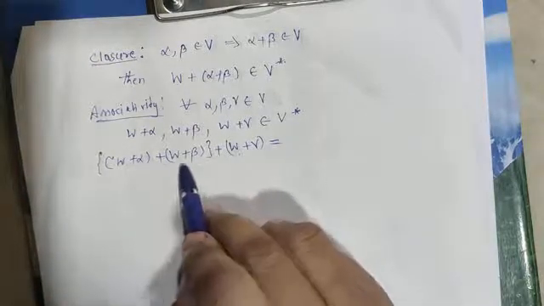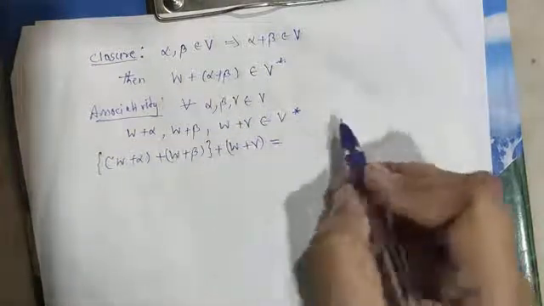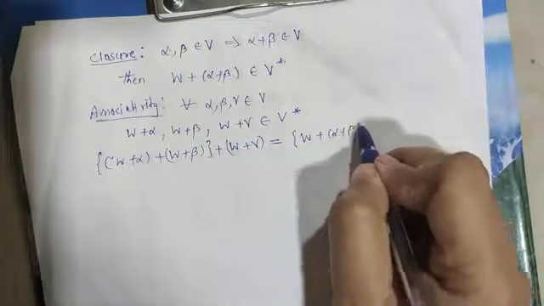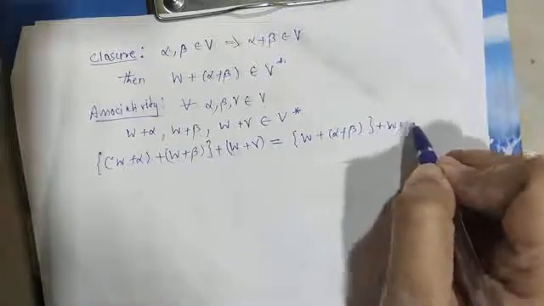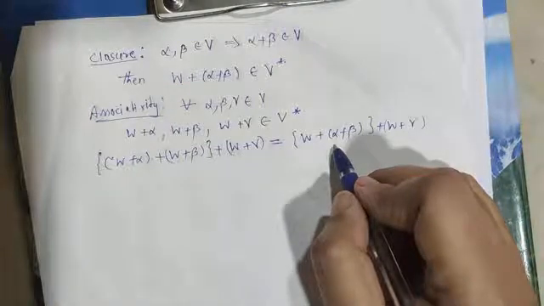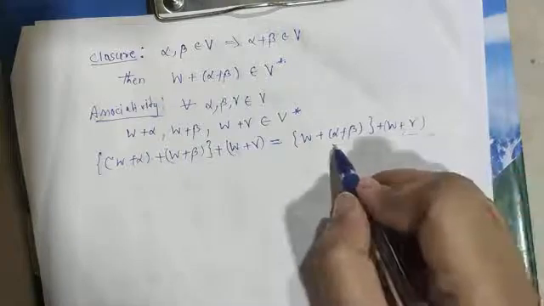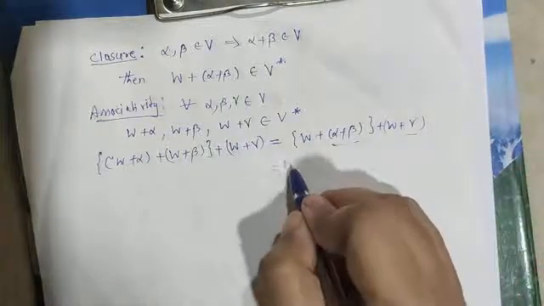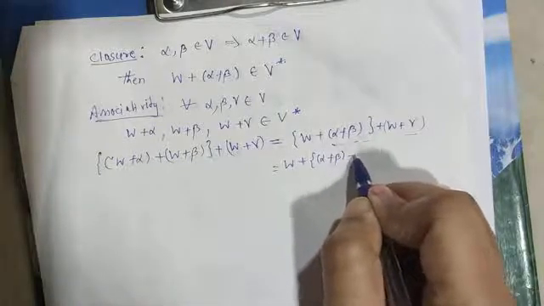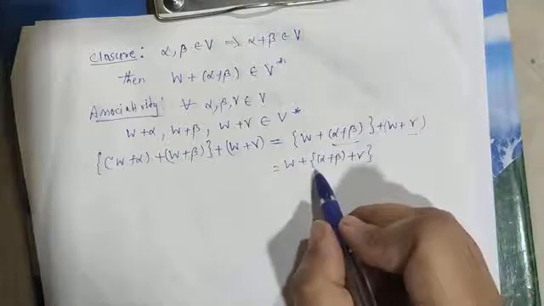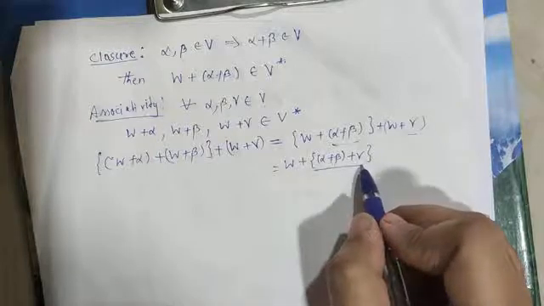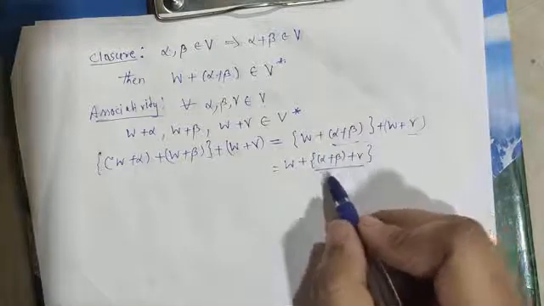So using addition property here, we have W plus alpha plus beta plus W plus gamma, again using the defined vector addition here. This is W plus alpha plus beta plus gamma, and this is vector of vector space V, where associative property holds.